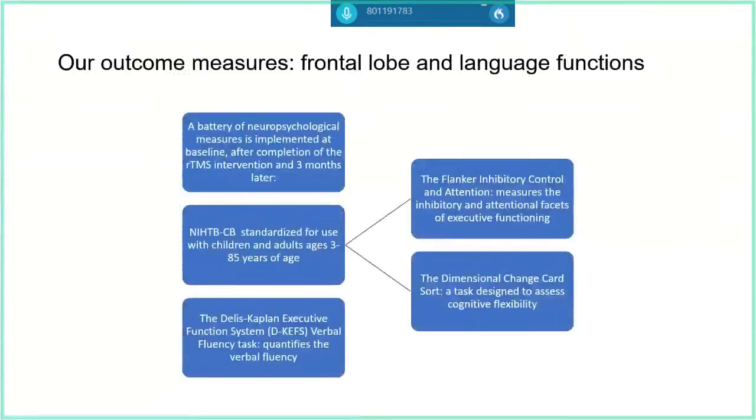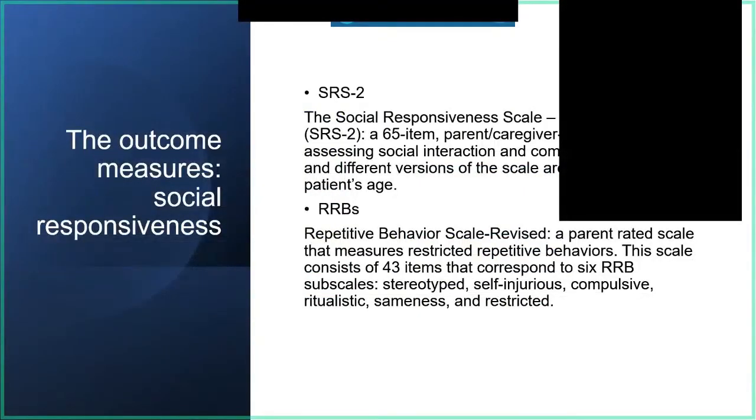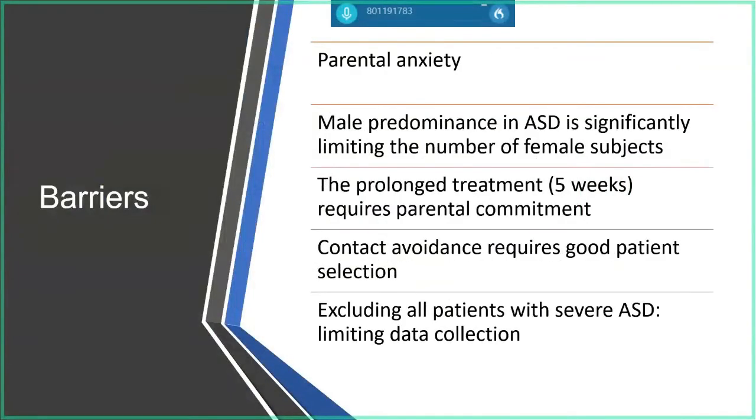And the battery of neuropsychological testing we are using before and after includes the NIH toolkit that includes measures for mental flexibility and attention, as well as testing for verbal abilities, verbal fluency. At the same time, we are using 2 standardized scales for measuring social cognition: the social responsiveness scale and the repetitive behavior scale. These are standardized, and we basically have numerical values that we can compare before and after.